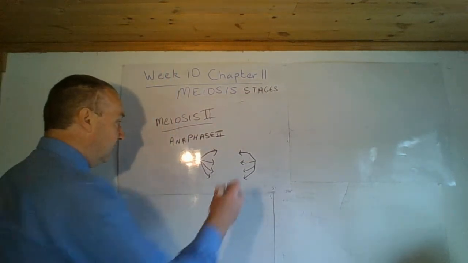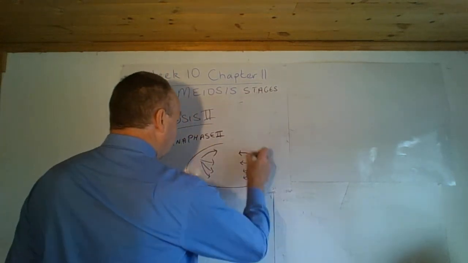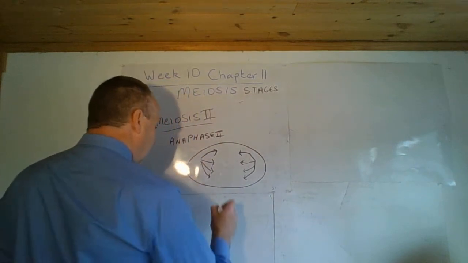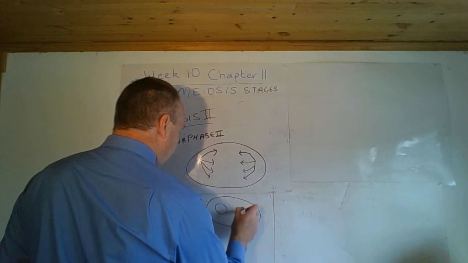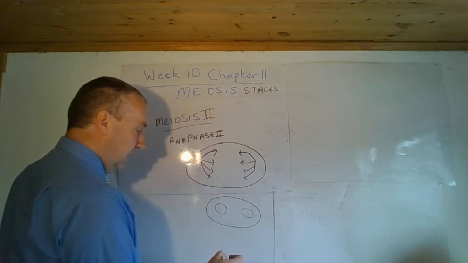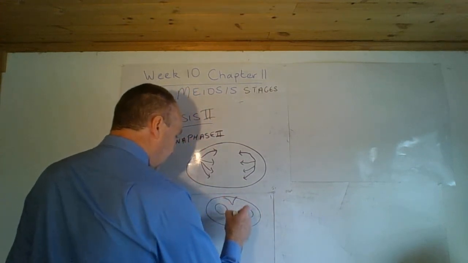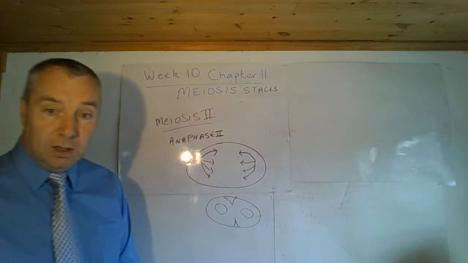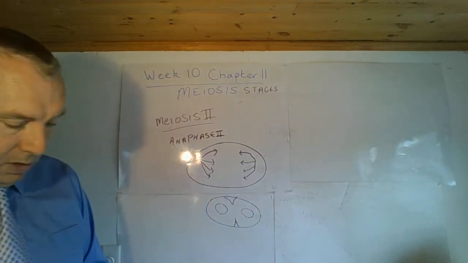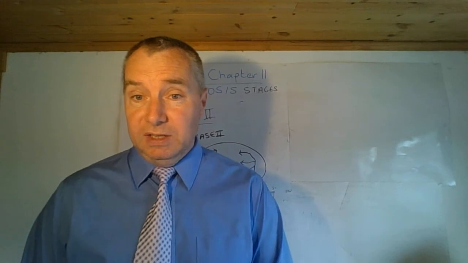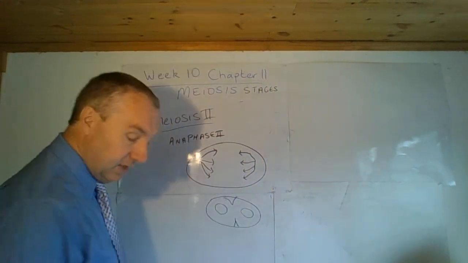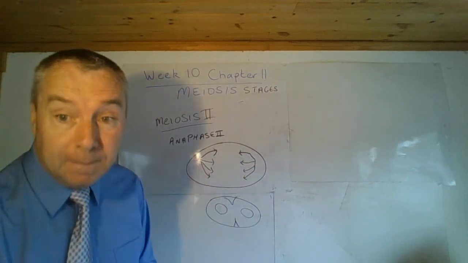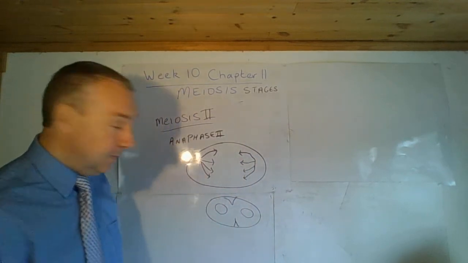So we have anaphase 2, sister chromatids pulled apart. Then we have telophase, where we start to see the formation of two nuclei, and then cytokinesis, and that would be telophase 2. Cytokinesis, where we start to see the reformation, and we end up with a total of 4 new haploid cells.